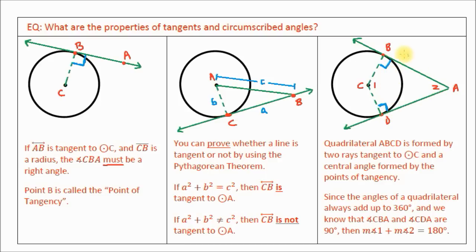That means if all the angles of our quadrilateral add up to 360 and B and D add up to 180, then there's only 180 degrees left to distribute between the other two angles. That means the measure of angle 1, this central angle, and the measure of angle 2, this outside angle, must be supplementary, or they must add up to 180 degrees.